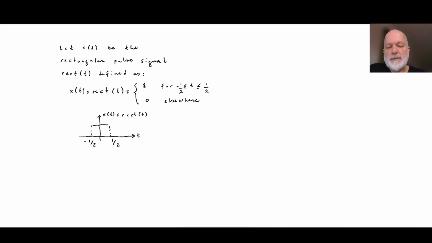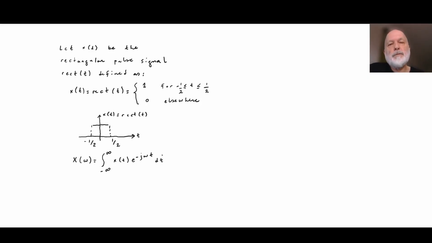Okay, so what is the Fourier transform of x of t? We denote Fourier transform by capital X. X evaluated at omega is equal to the integral from minus infinity to plus infinity of x of t e to minus j omega t with respect to t.